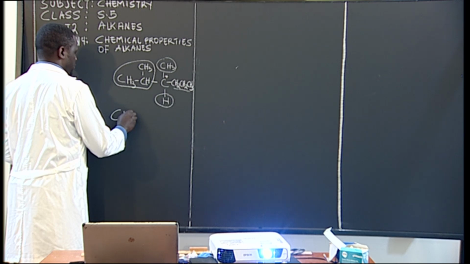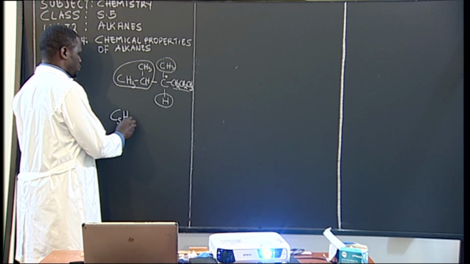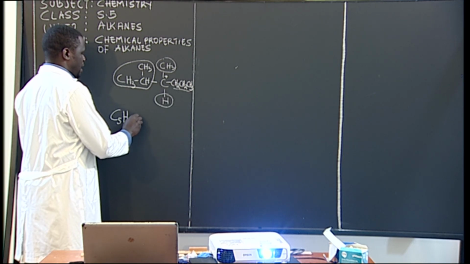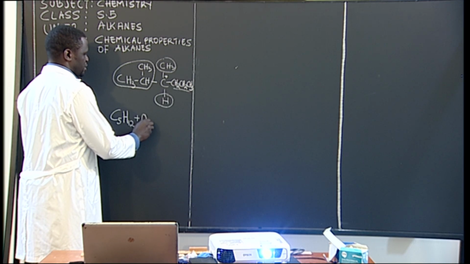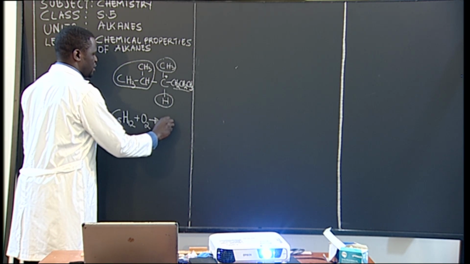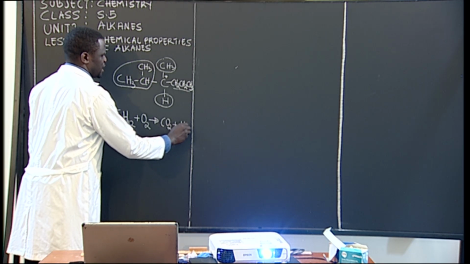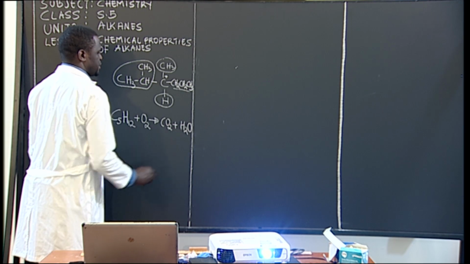We can use the general formula for alkanes: 5 times 2 is 10, plus 2, we have 12. So we add plus oxygen. What we shall produce here is carbon dioxide plus water. Because it is heating, it will be steam.